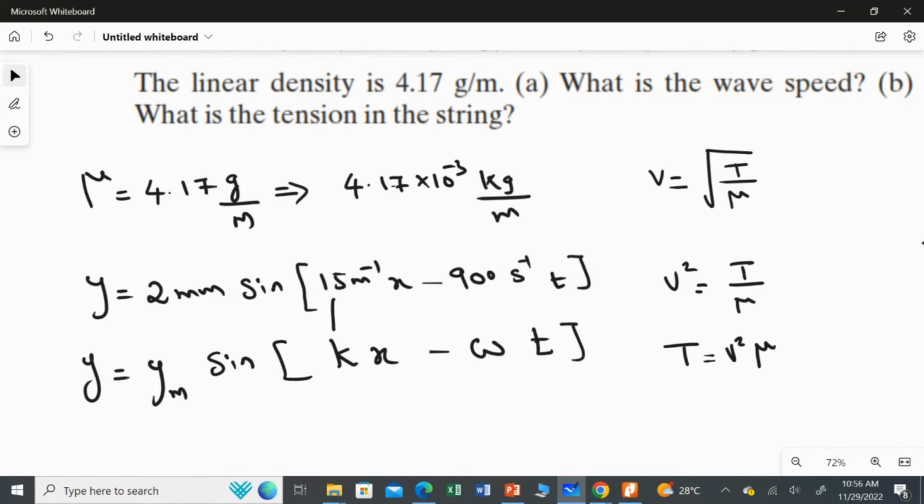Now I'm going to compare k with the equation. The angular wave number k is equal to 15, as mentioned in the question, and the angular frequency omega is exactly equal to 900.